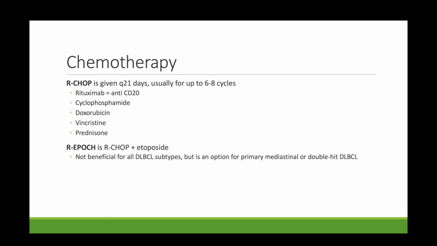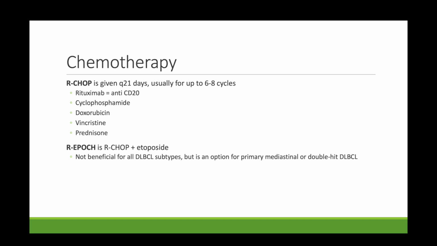So R stands for rituximab, which remember is our anti-CD20 antibody. The C is cyclophosphamide. The H is doxorubicin. H comes from hydroxydaunorubicin, I believe, which is just another name for doxorubicin. The O is vincristine, and that name comes from Oncovin, which is the brand name. And then P is prednisone. So rituximab, cyclophosphamide, doxorubicin, vincristine, and prednisone.